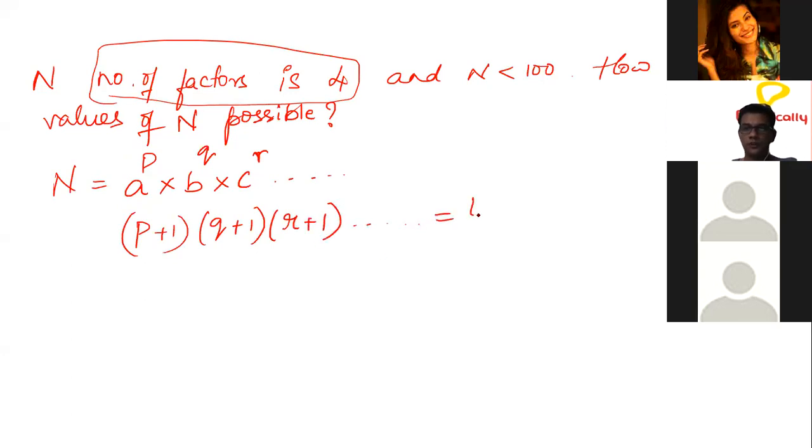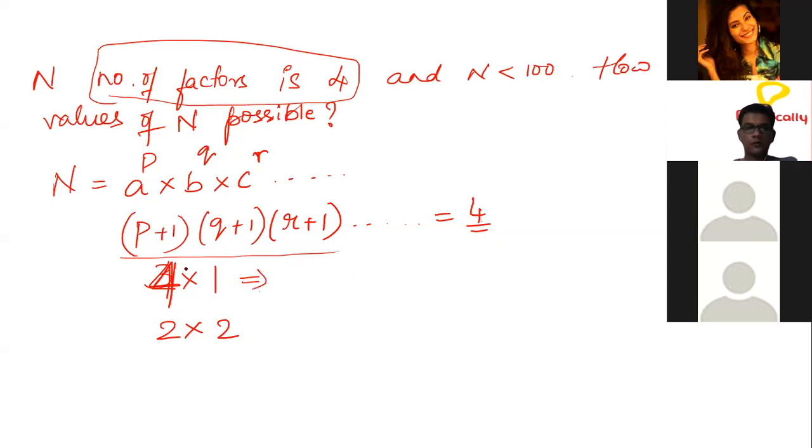This is your number of factors, which is 4. So can you tell me how can I bring 4? I can have 4 by having 4 into 1 possible, or I can have 4 by having 2 into 2 possible. Please understand 4 into 1 and 1 into 4 is the same. So no point in changing those positions.